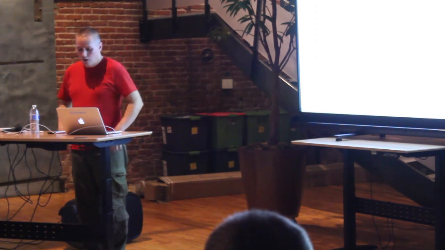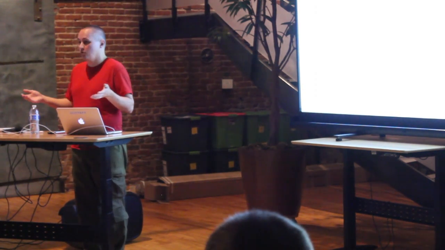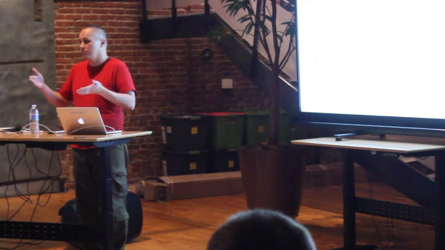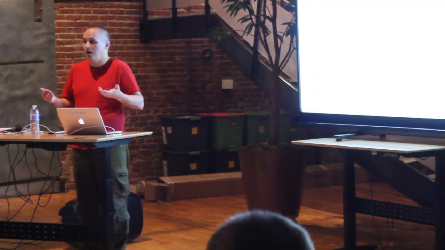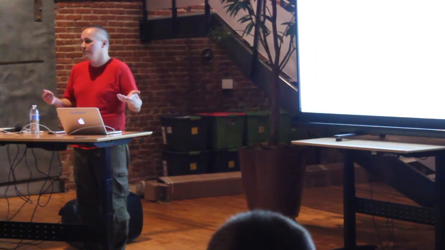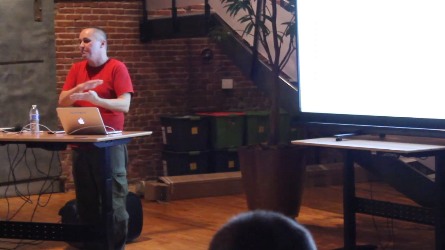Also, if you have any solution that can give you atomic snapshots, which, for example, ButterFS does, that's a perfectly valid way of taking a backup because Bolt is crash safe. Even if you catch it in the middle of doing changes, it will roll back to the previous state.